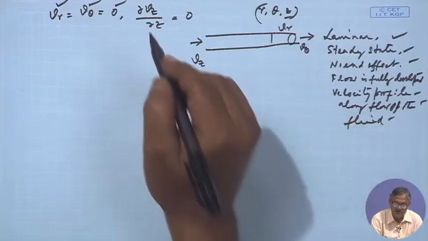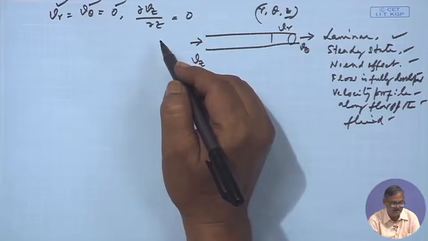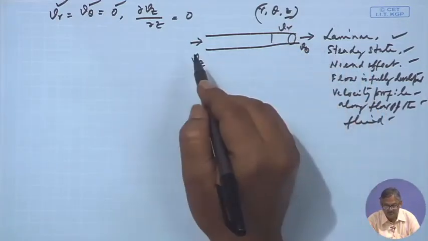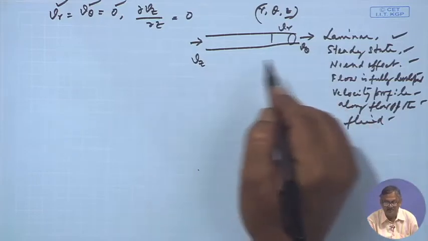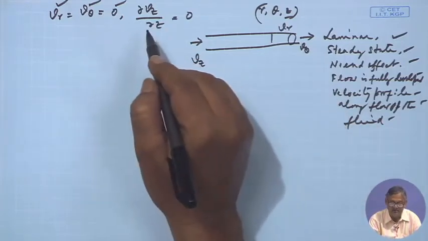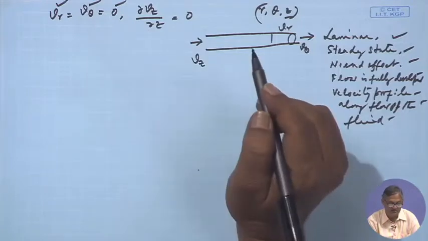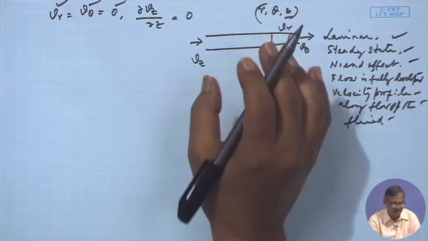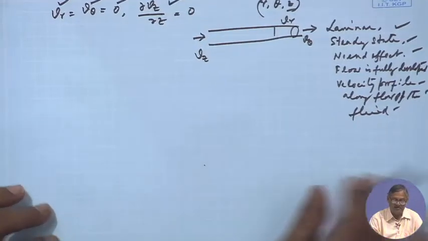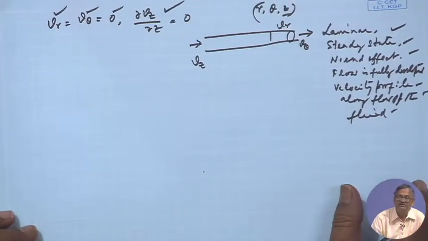And del V z del z, there is no velocity profile in the direction of the flow, is also 0. So, if we assume all these three, then we can write from the Navier-Stokes equation.